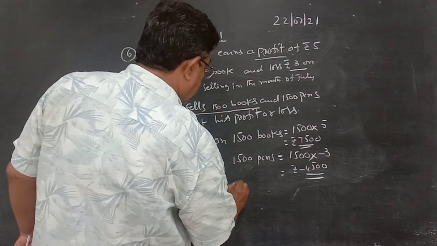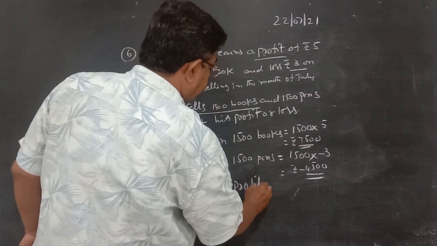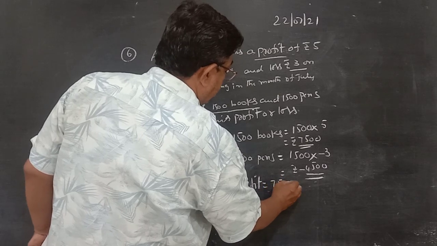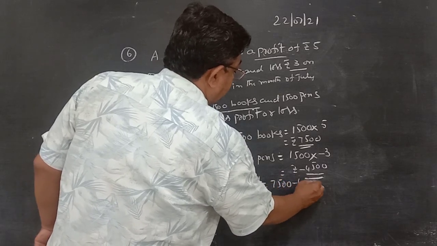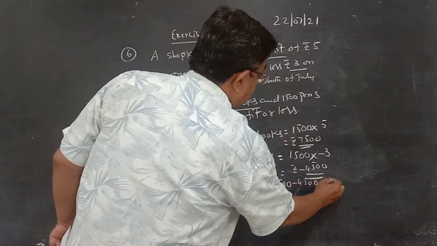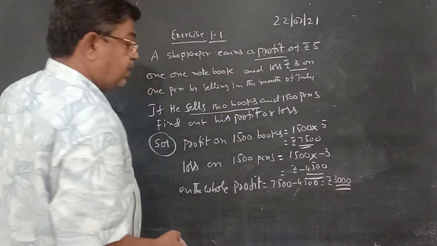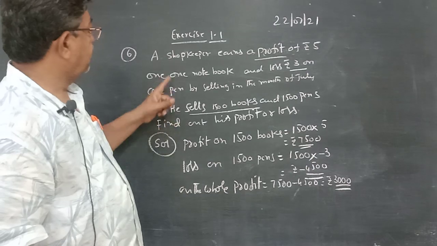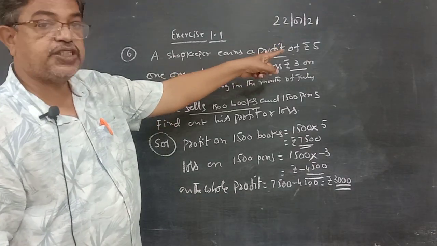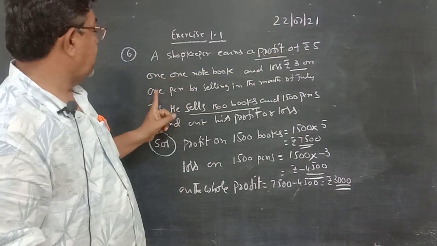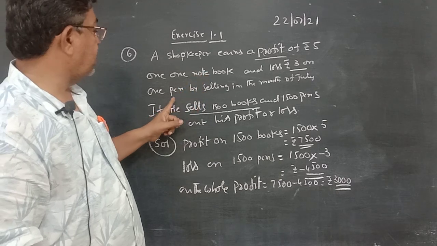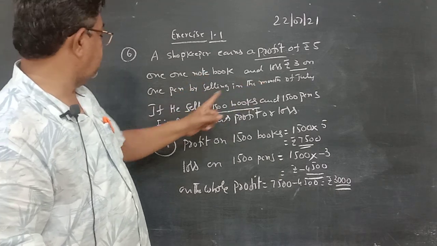On the whole, profit is equal to 7,500 minus 4,500. On the whole, the shopkeeper got a profit of rupees 3,000. You can observe it. The shopkeeper earns a profit of rupees 5 on one notebook and a loss of rupees 3 on one pen by selling in the month of July.